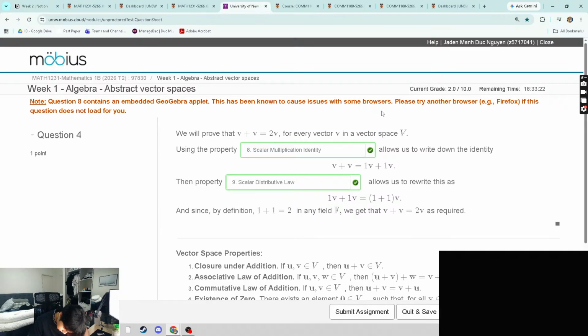Scalar distributive. Then 2v. So v plus v is 2 times v.